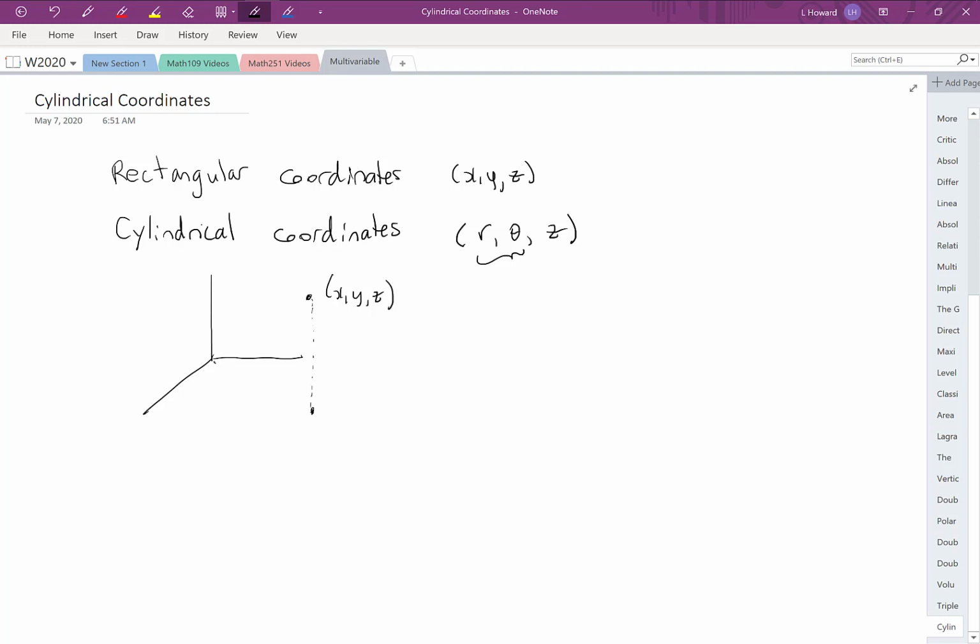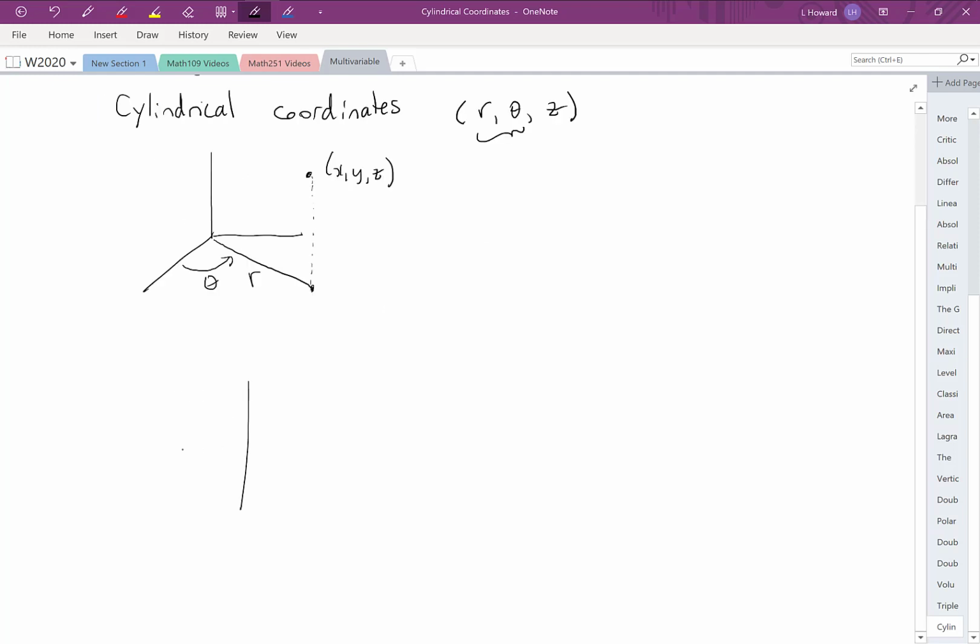So we would say r is the distance in the xy plane from the origin to our point, and we would say that theta is the angle going from the positive x-axis and going around counterclockwise to the positive y-axis. So theta is going in that direction there.